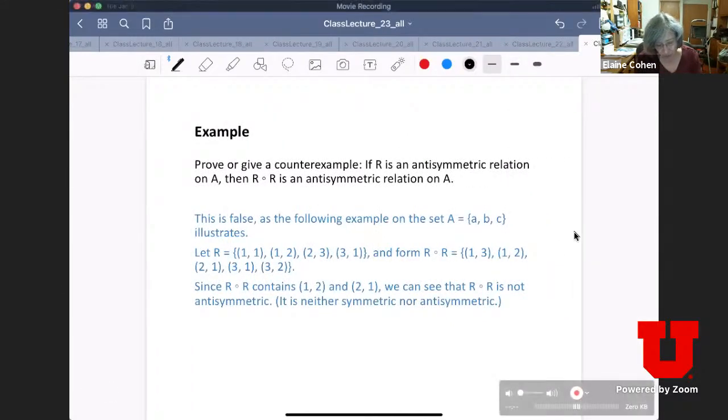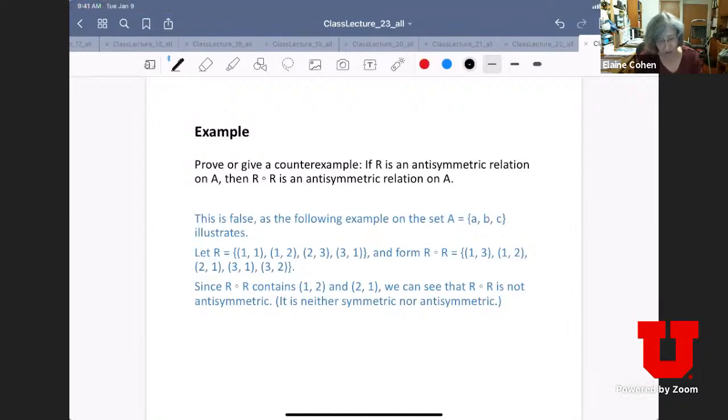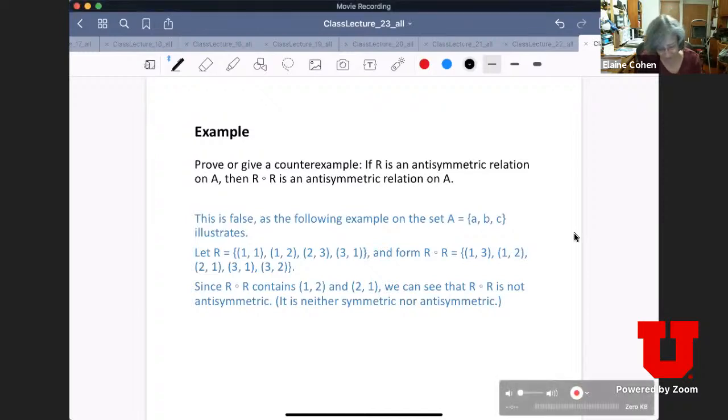So prove or give a counterexample. If R is an anti-symmetric relation, then R composed with R is an anti-symmetric relation. Okay, well, we have a counterexample, so it's not true. If A equals A transpose, that is the definition of symmetric also, so you're both right.